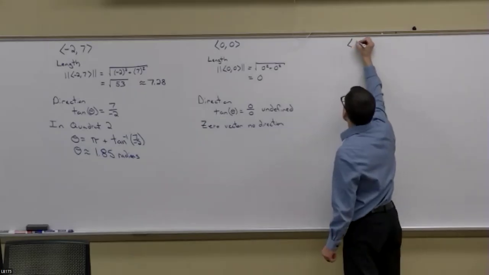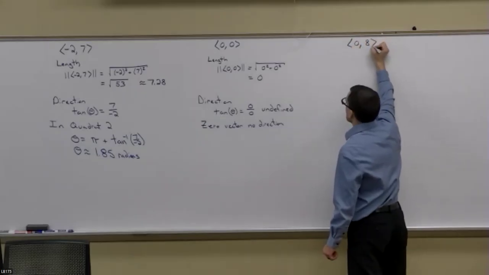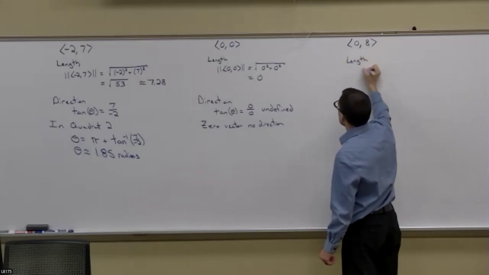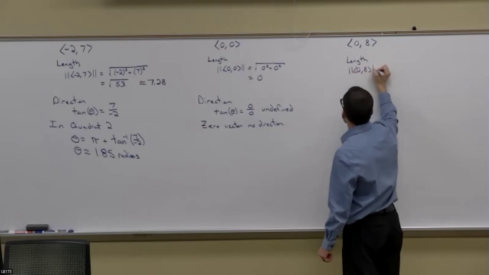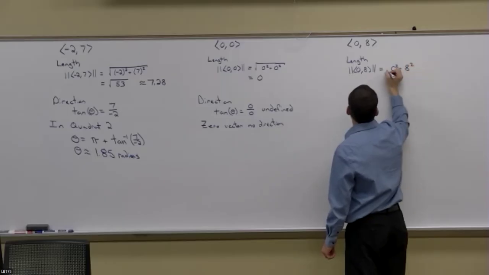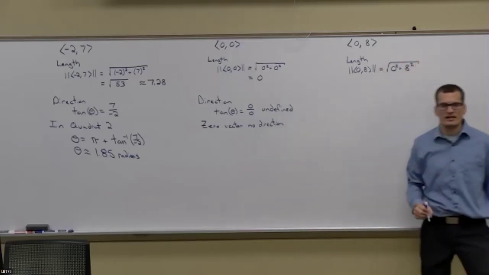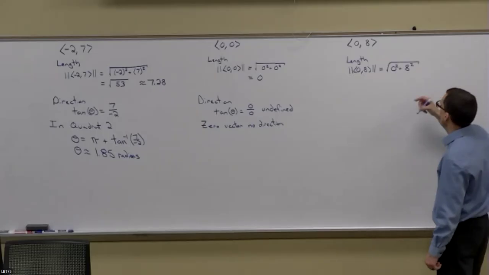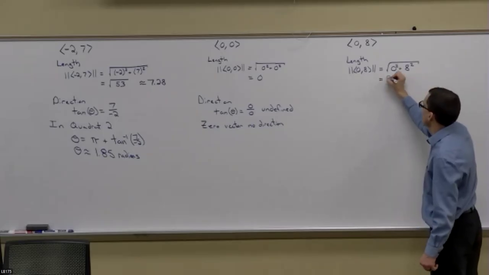If you take something like 0, 8, the length of that, notice what's going to happen. We're going to get 0 squared plus 8 squared underneath the square root. That's just 8 squared underneath the square root. If I take the square root of 8 squared, I just get back 8. So the length of 0, 8 is 8.